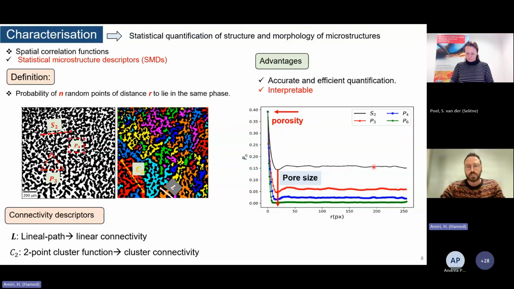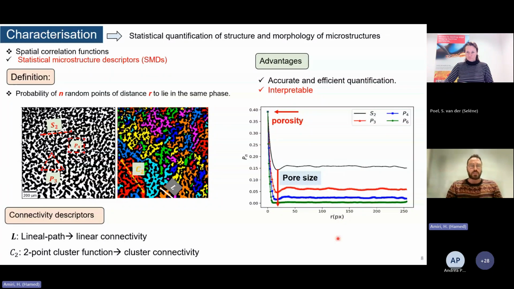And at the larger range, it gives you information about the longer range correlation in your microstructure. For example, if you have a pattern that is repeated at a specific distance in your image, you will see that as a bump in your SMD curves.